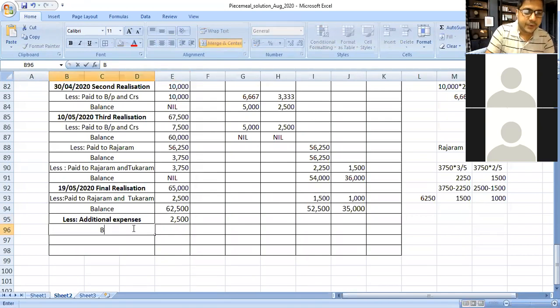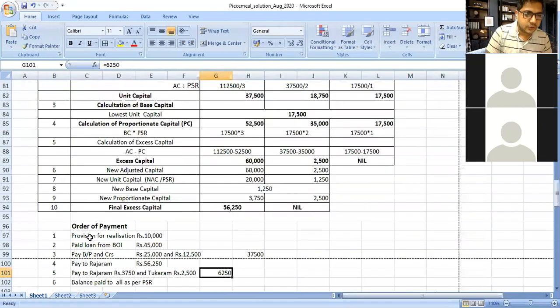Now we have a balance available, that is rupees 60,000. For this balance available, we have to consider our order of payment. If you see the last sentence, what we already studied: balance paid to all as per their profit sharing ratio.